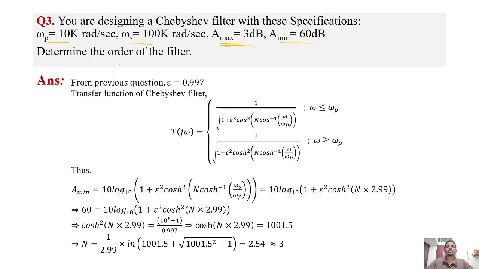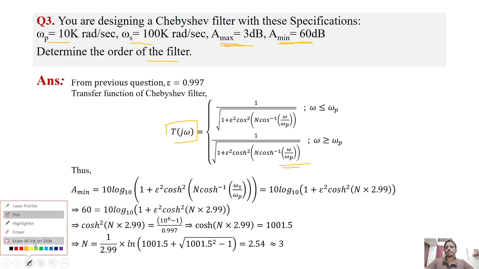Similarly, we need to find the order of the filter. For that, we know the transfer function of the Chebyshev filter. We'll substitute omega equal to omega c here, and we know at omega s, A minimum is 60 dB. Substitute those values, just rearrange, and we'll get the value of n. So that is how we used to solve this.